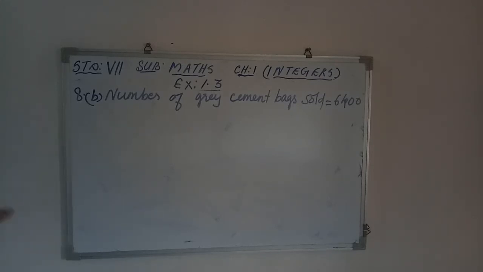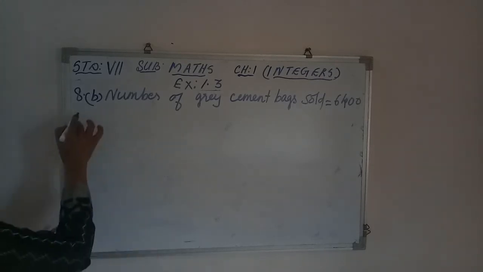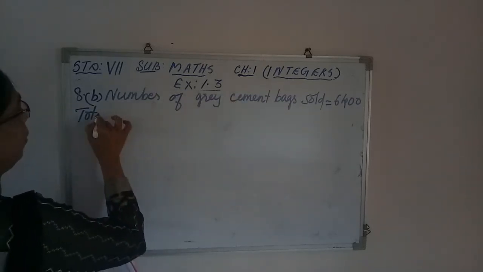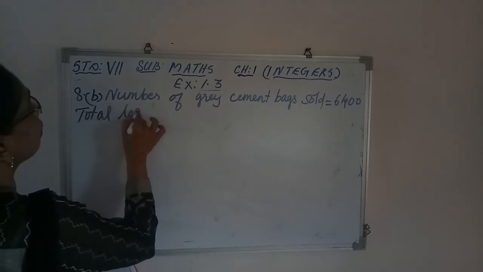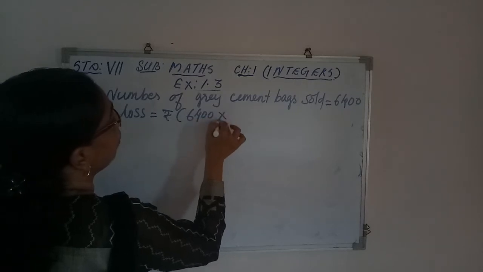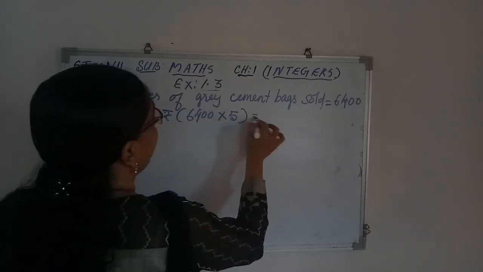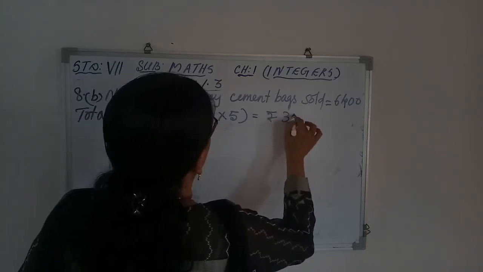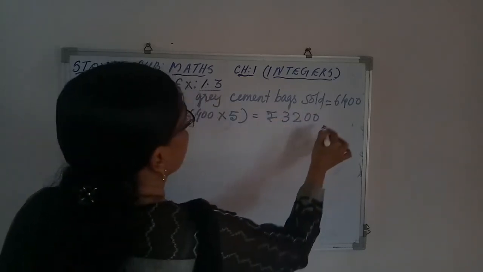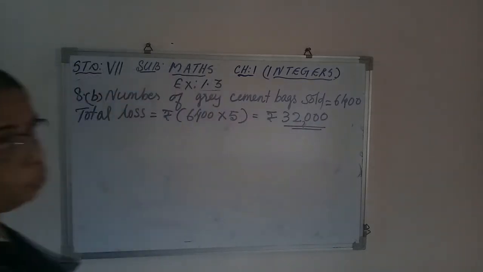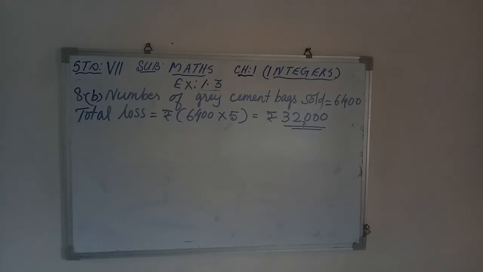Now what is the total loss then? Per bag, we have already seen rupees 5. So total loss after selling 6,400 grey cement bags is equal to rupees 6,400 multiplied by 5, that's equal to rupees 32,000. That is the loss after selling 6,400 grey cement bags.